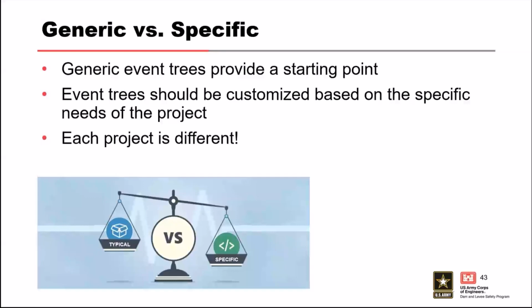Each event tree needs to be customized to fit the needs of the specific project that's being evaluated, because each project is different. There is no true one-size-fits-all approach for event tree analysis that will work for every project. So ask yourselves the question, what makes this project unique? For internal erosion PFMs, do you have a zoned embankment?